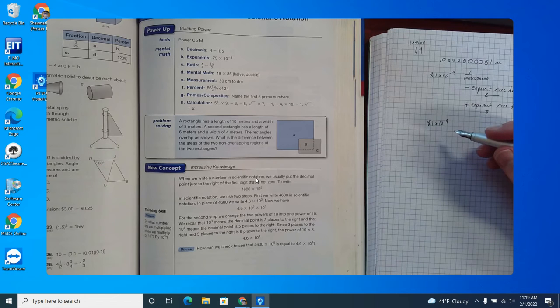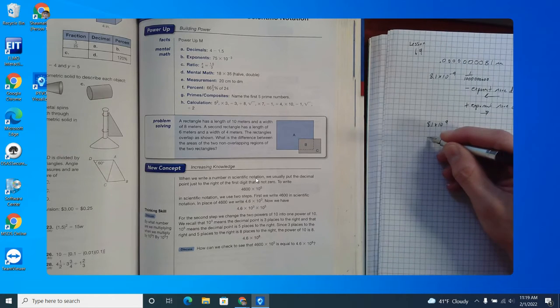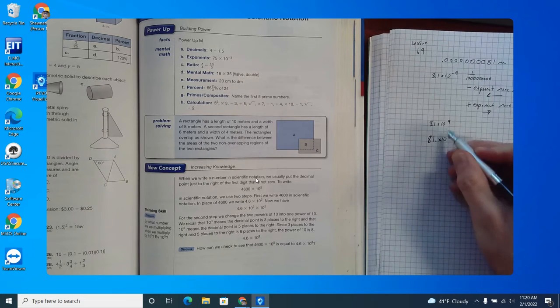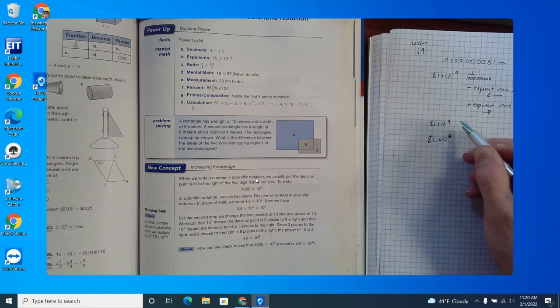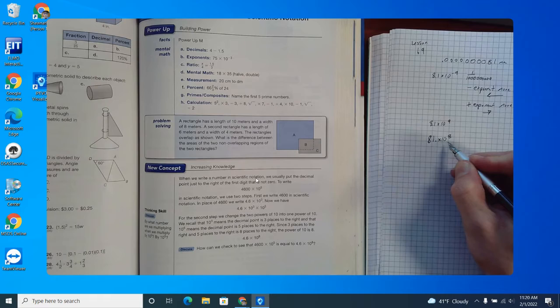So instead of trying to say 810 million, it's helpful to have this, because if I said 81 times 10 to the 8th, these are technically the same number. But when I look at 10 to the power of 9, I need to immediately know that's a billion. I don't want to have anything else to do. And 10 to the power of 8 should be 100 million. But in this case, it's not, because I did the scientific notation wrong.